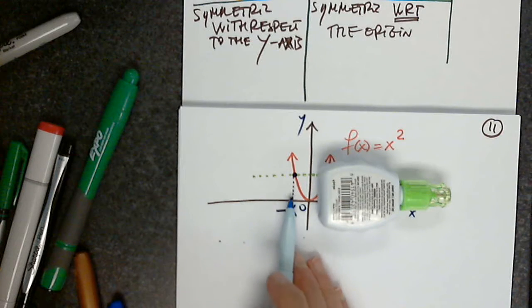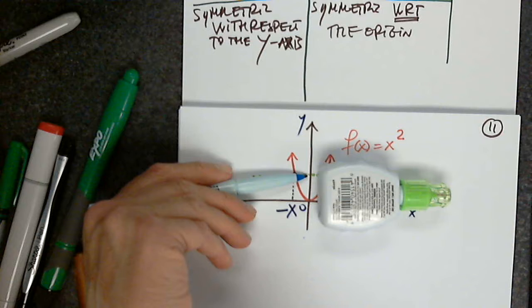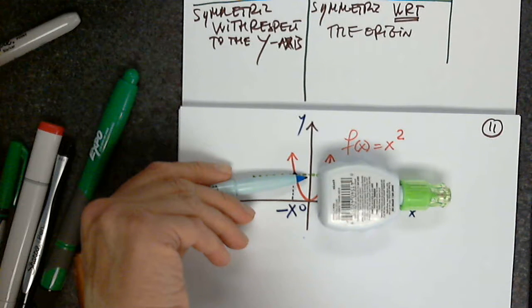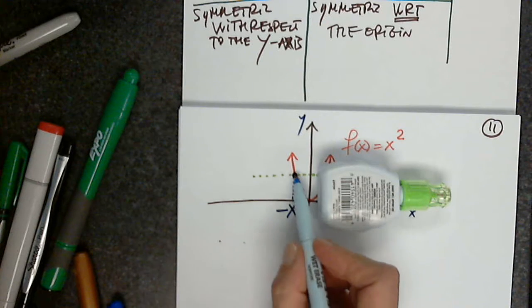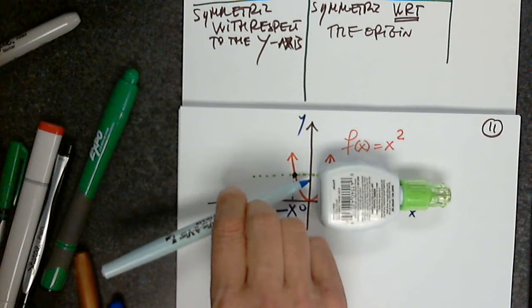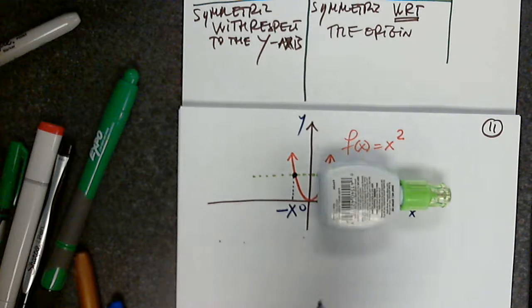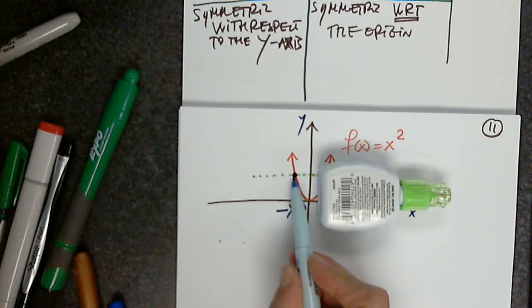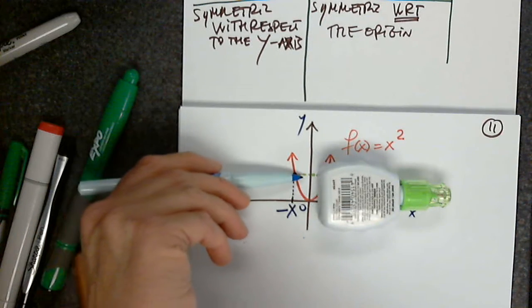If this is negative x, how much is this? This point has two coordinates, an x coordinate and a y coordinate. Don't jump. So if this is negative x right here, tell me how much is this.